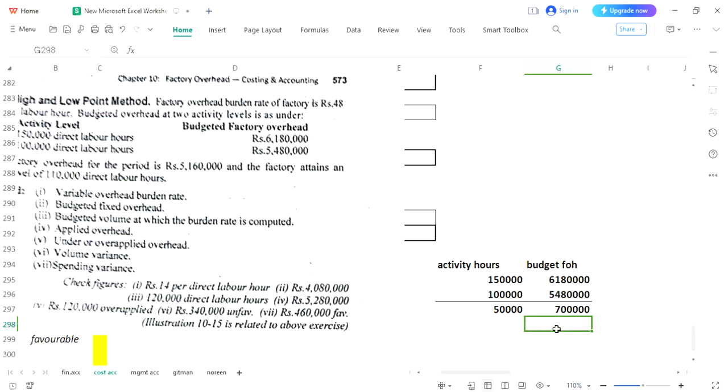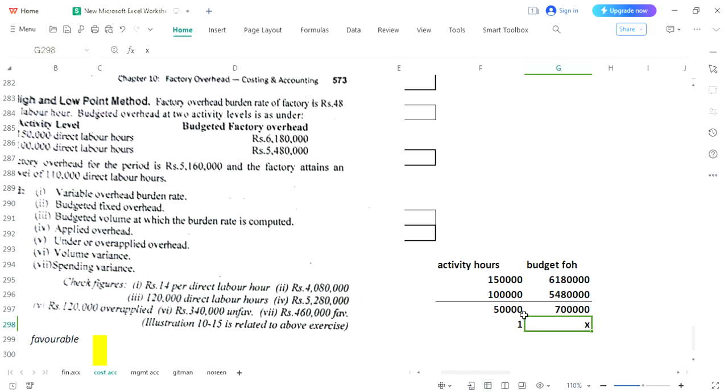Again listen: when you change 50,000 hours, your cost changes by 7 lakh. And if you change one single hour, how much will your cost be altered? Again, it is a very basic phenomenon. It is called the unitary method, with which you can calculate the fourth amount, which is absent.